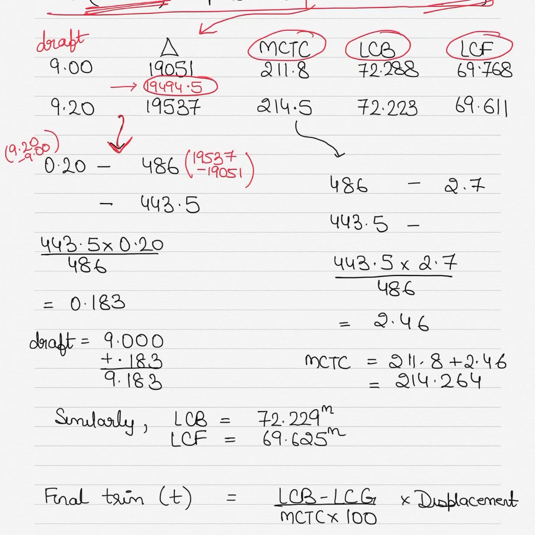But we need it for the displacement of 19494.5. So for a change in the displacement of 443.5, which is the difference between 19494.5 minus 19051, we have to find out the change in the draft.